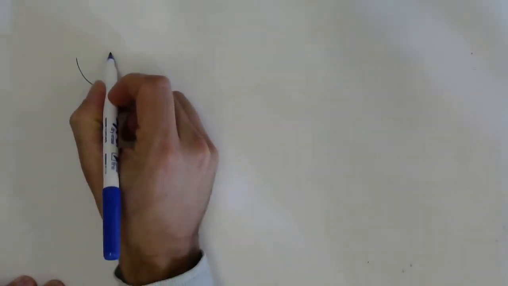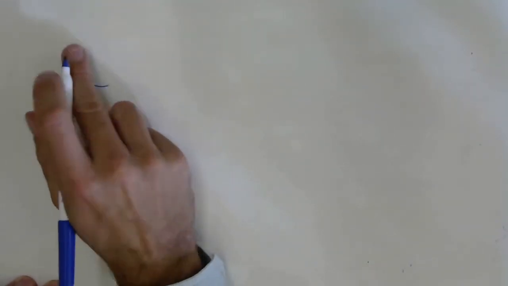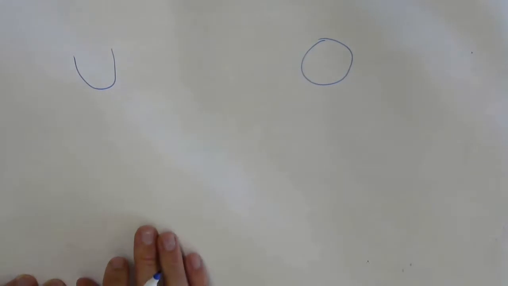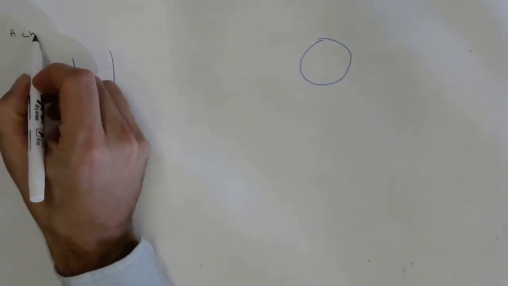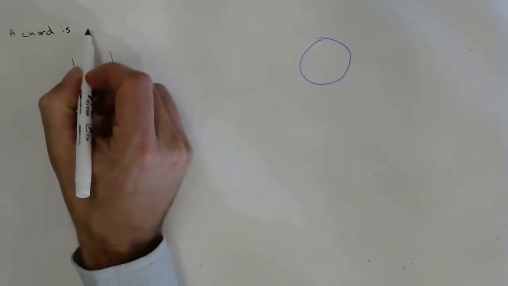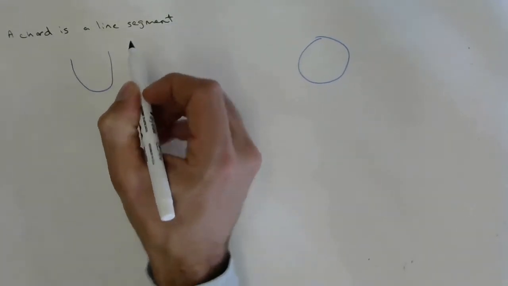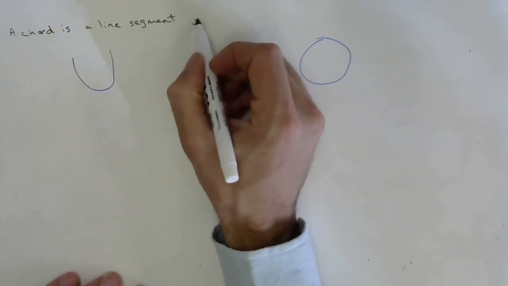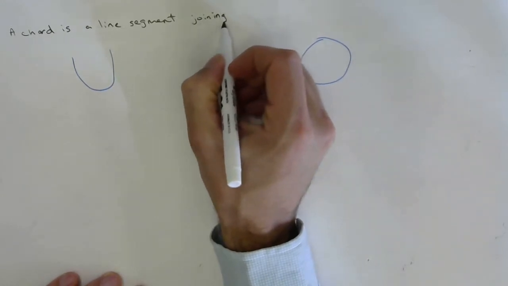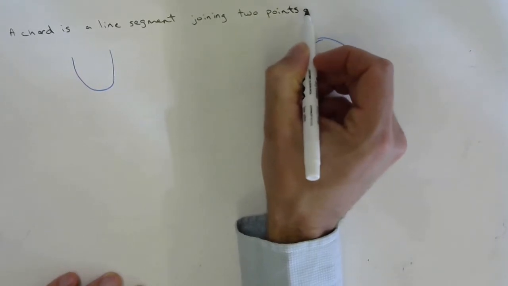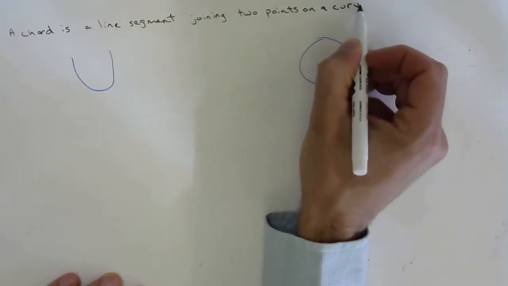Does anyone know what a chord is? Like if you had this parabola shape, would you know how to draw a chord? Or a circle? Okay, that's okay. A chord is a line segment joining two points on a curve.